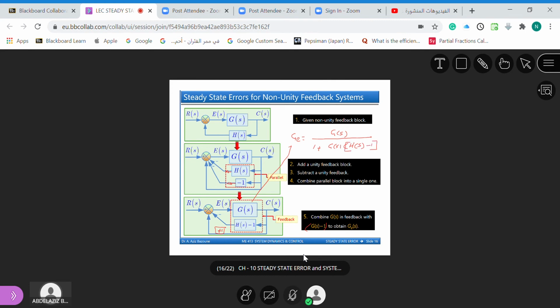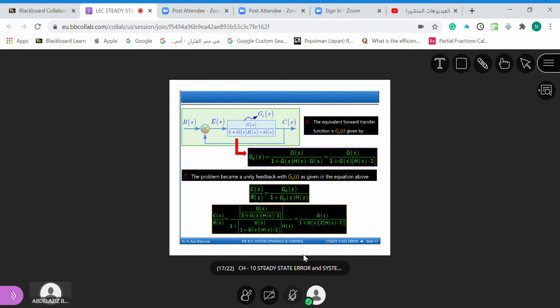And I can replace this by G equivalent. This will be my block. The next block will be like this, with positive feedback, as you can see, with 1. This is 1, unity feedback. This is the G equivalent. We found the G equivalent. And now, since this is 1, my G will be G equivalent. If I have non-unity feedback, this will be my G, which is non-unity feedback.